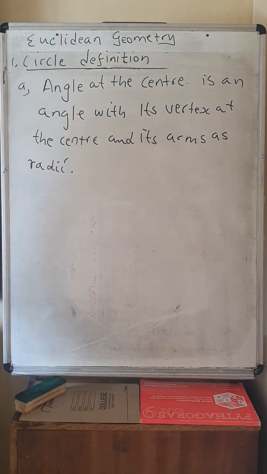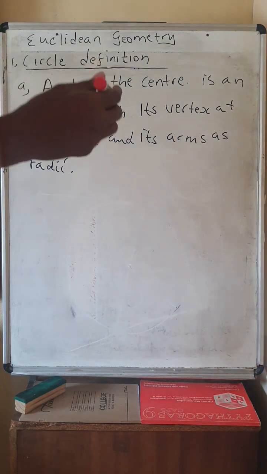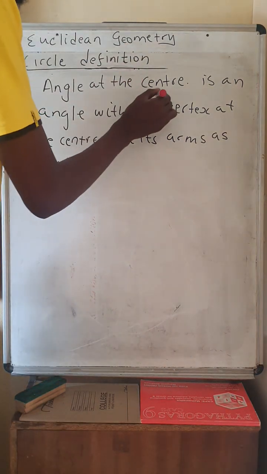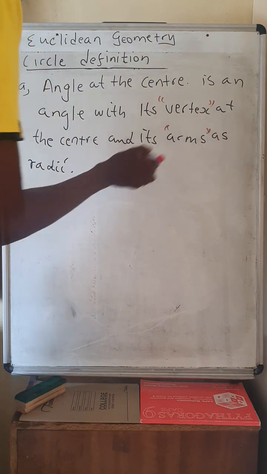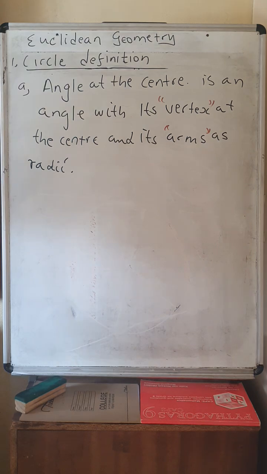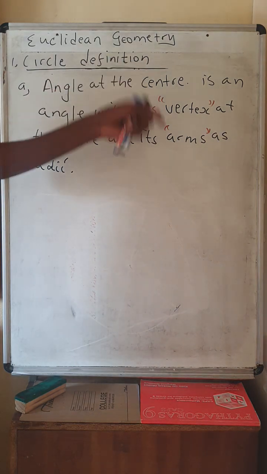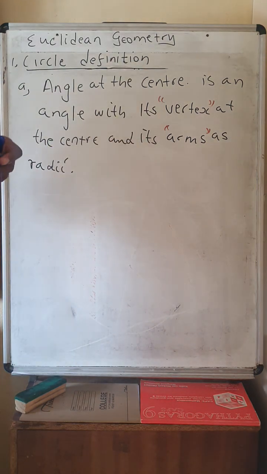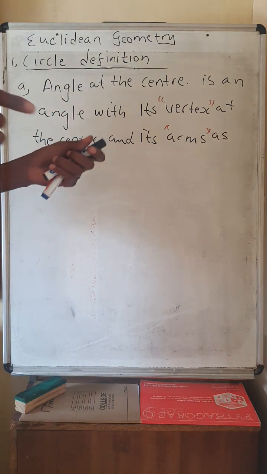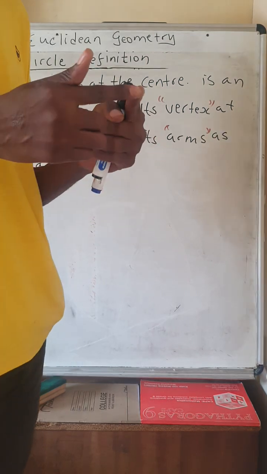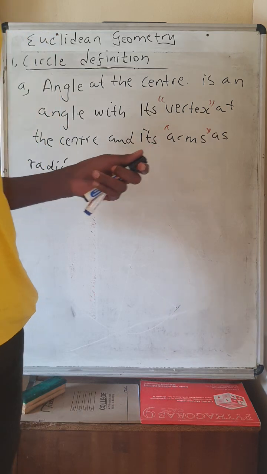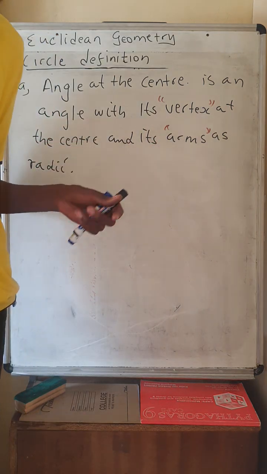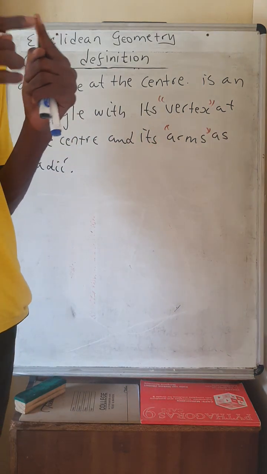Before I can give you an example, or rather explain the meaning of this, there are 2 things that I would like us to look at first, which are vertex and arms. What is the meaning of vertex? A vertex is the point of intersection where the lines that are forming an angle intersect. Remember, in order for an angle to be formed, I need 2 lines to intersect.